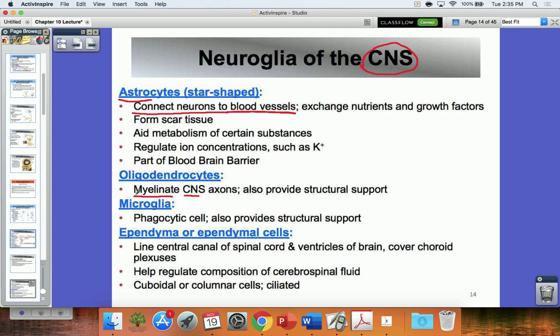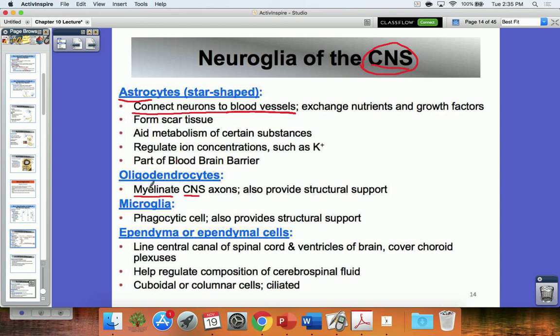And we have. We've talked about the Schwann cell that produces myelin. But the Schwann cell is not found in the CNS, okay? So the oligodendrocytes, they do the same thing that the Schwann cells do, but they only do it in the CNS, whereas the Schwann cell does it in the PNS.